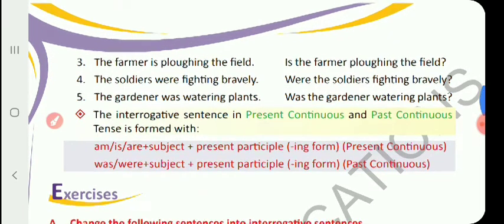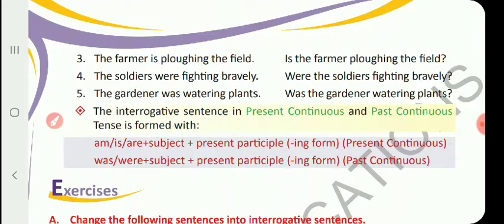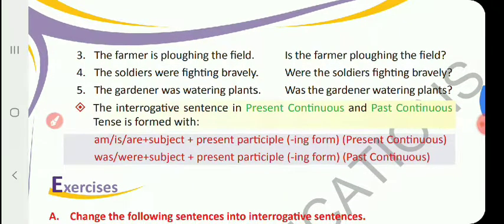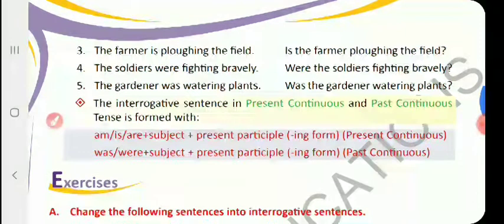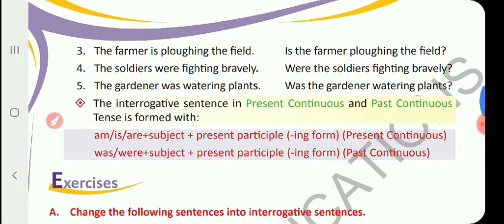Now let us see how to change this present continuous tense or past continuous tense into an interrogative sentence. Now, if the subject is singular, then we take the helping verb is. For example, he is writing a book.